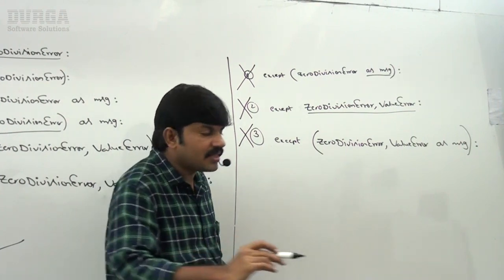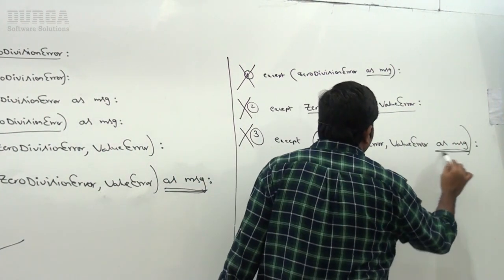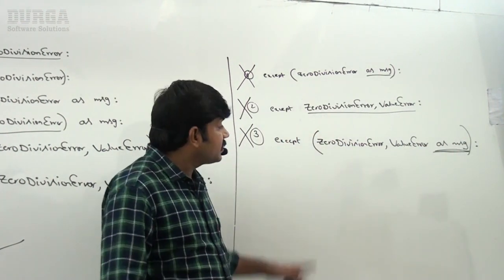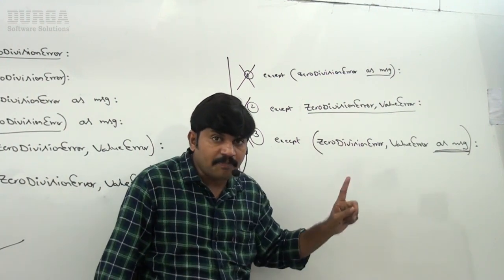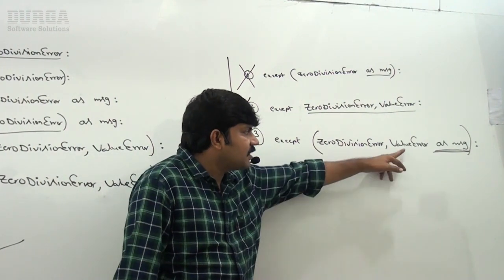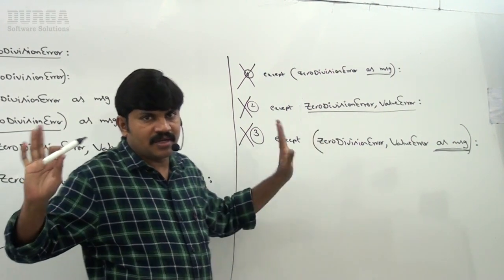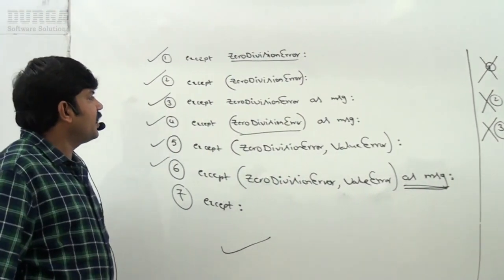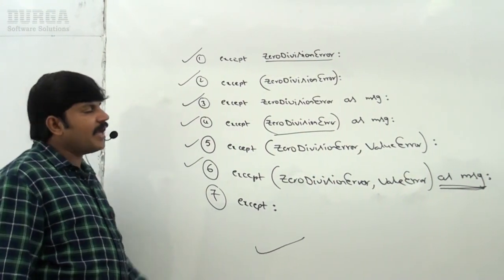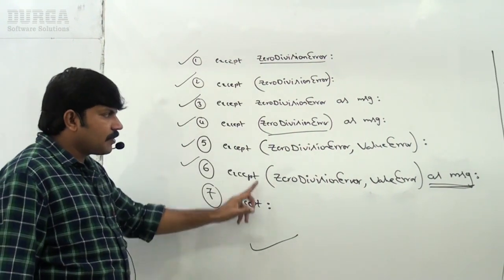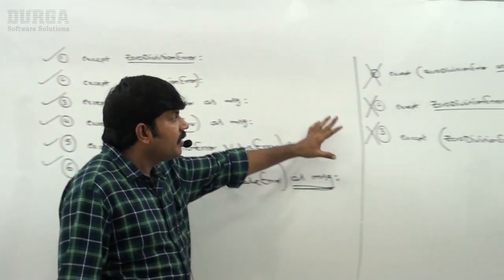The reason is that you are taking as message inside the parentheses. Compulsorily, as message should be outside the parentheses. Are you in a position to understand? So what are the various possible valid syntaxes and invalid syntaxes for the except block?